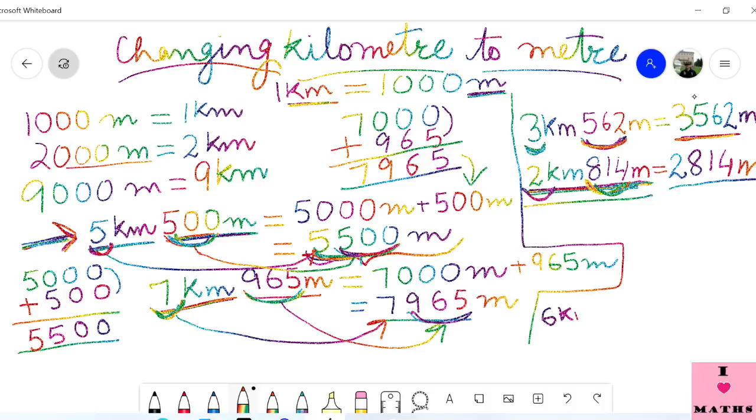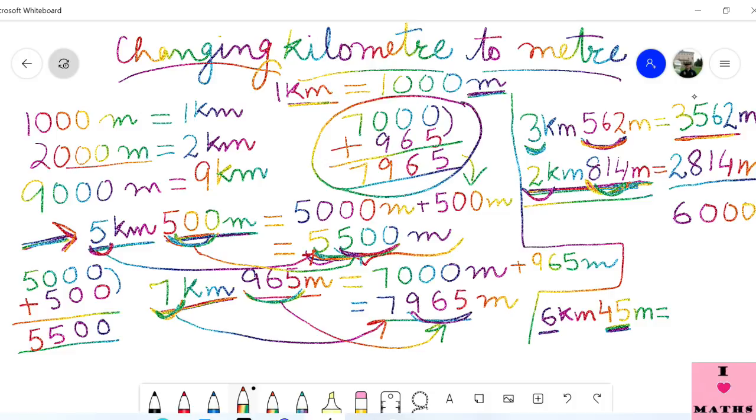Okay. Now children, I will show you another example. 6 kilometer 45 meter. Now children, 6 kilometer is 6,000 meter. So I will write 6,000 here and I have to add 45 meter in this, the way we did here and here when I was explaining to you.